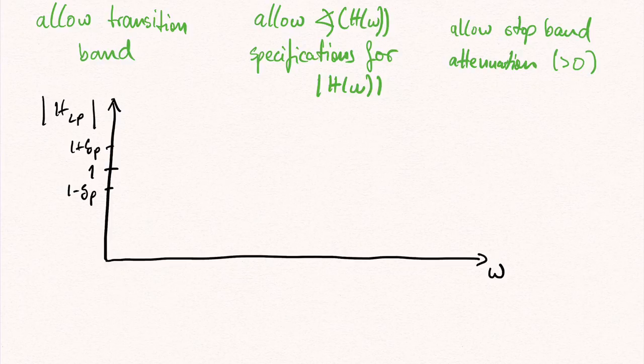Also, instead of requiring a sharp transition at a cutoff frequency omega c, the realistic filter specification gives a passband frequency omega p and a stopband frequency omega s, such that for all frequencies up until omega p, the frequency response is in between the band 1 minus delta p and 1 plus delta p, and for all frequencies above omega s, the magnitude of the frequency response is required to be below delta S.